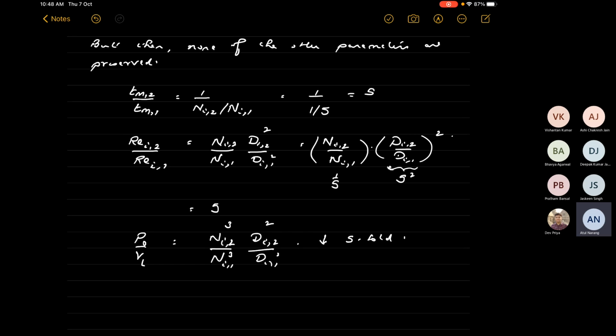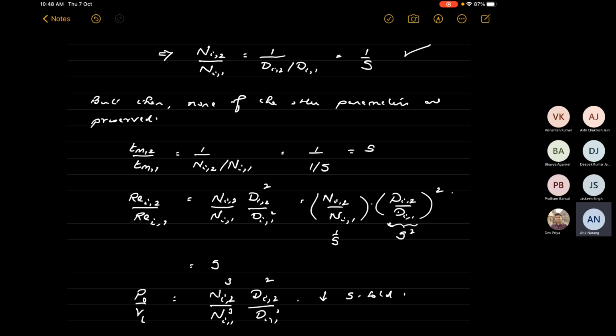So you can see that when you tried to keep the impeller speed the same, your mixing time, Reynolds number, and power per unit volume changed. You try something else and the other three will not be preserved. So the art of scale up is basically to pick the one that causes the least damage.